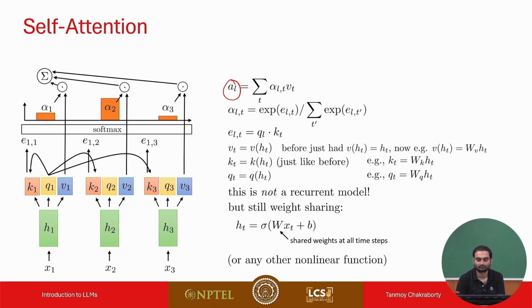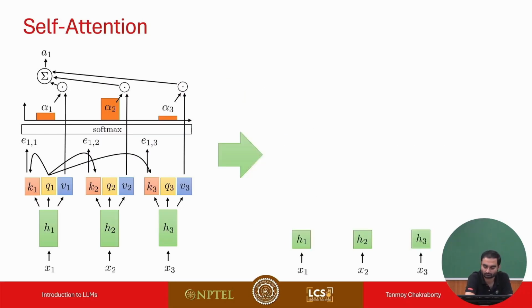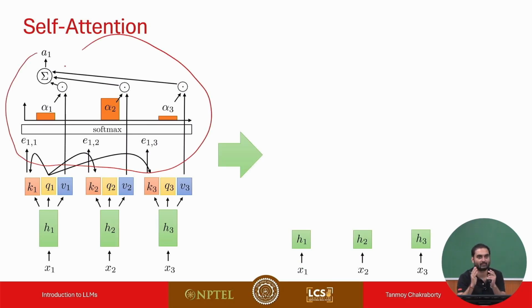Now, we can generate these attention vectors independently, irrespective of the positions. You can think of the entire operation that I discussed so far, the query, key, value generation, then the dot product and distribution, as a layer.